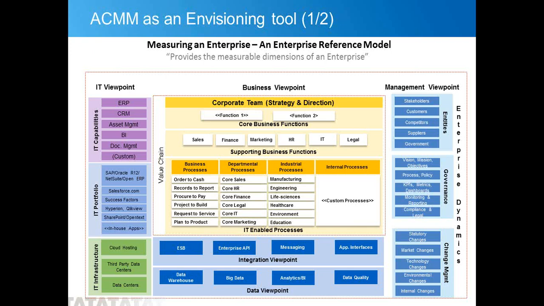And to do that, establishing purpose, we need to keep the enterprise in mind. Now, if you look at how a typical enterprise looks, what you have right in the middle of this diagram is the business viewpoint. How does one look at an enterprise from a business perspective? From a business standpoint, you have core business functions and you have supporting organizations, of which IT is one. There are many other business organizations.